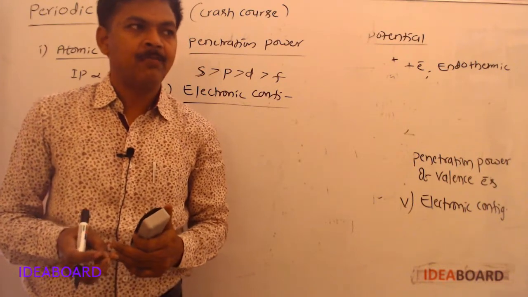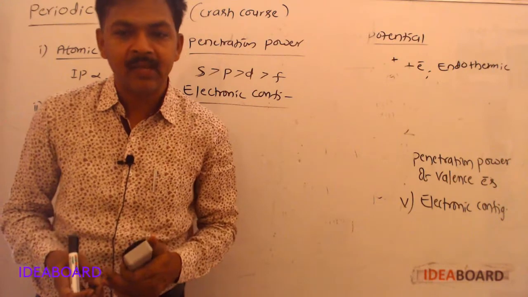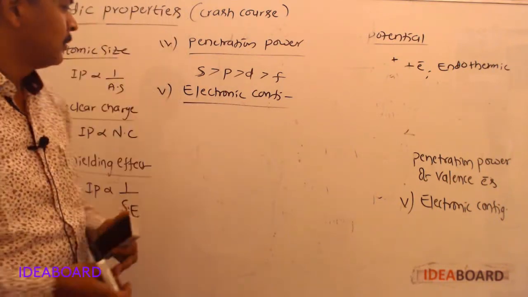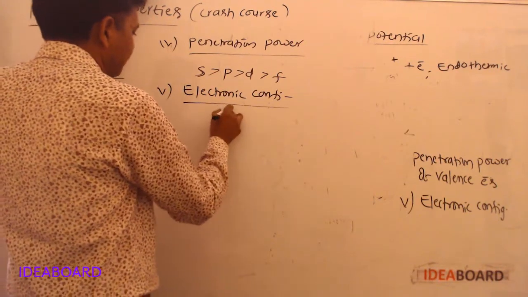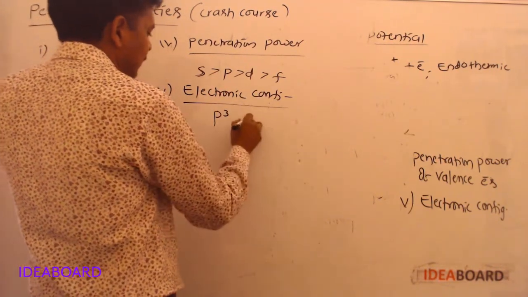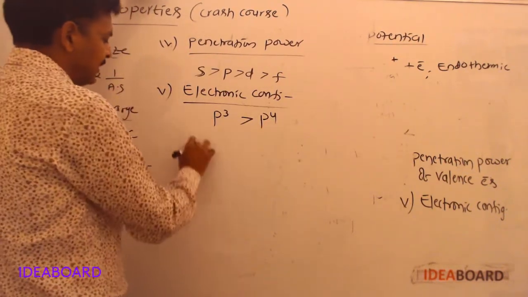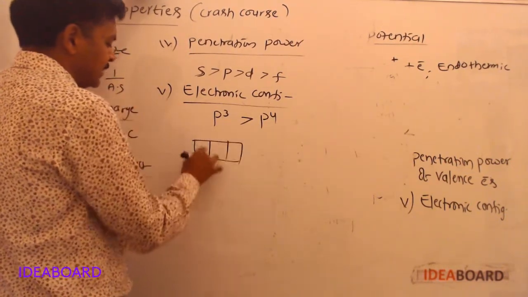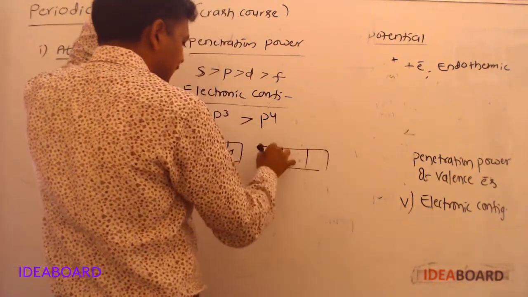Then more energy will be required to remove the electron from such elements. For example, p3 configuration is more stable than p4 configuration. p3 means the p subshell is half-filled, 1, 2, 3. p4 is not half-filled.